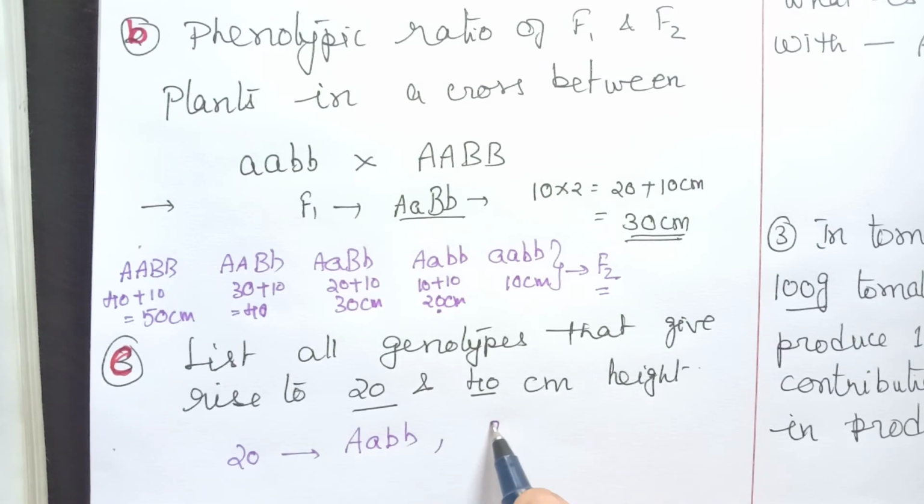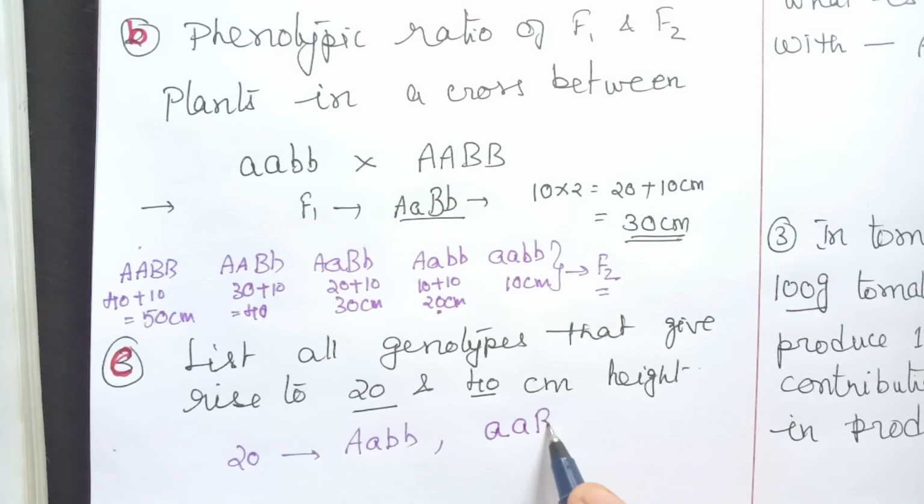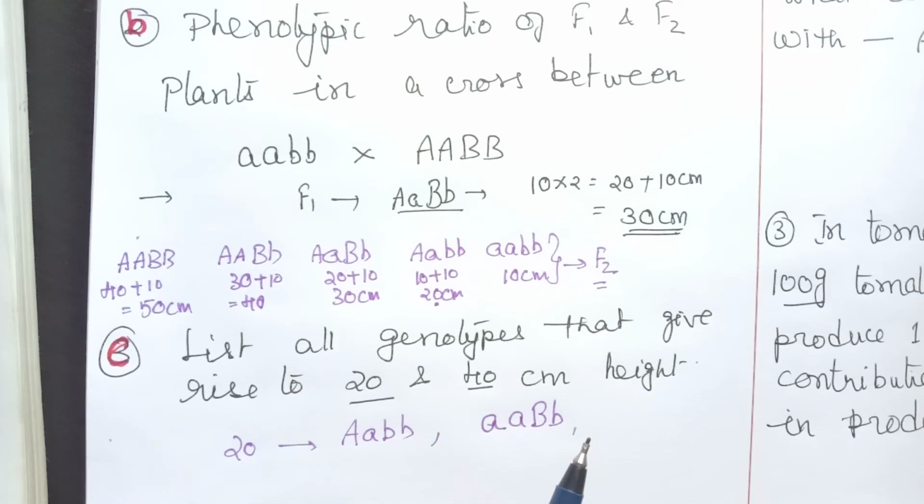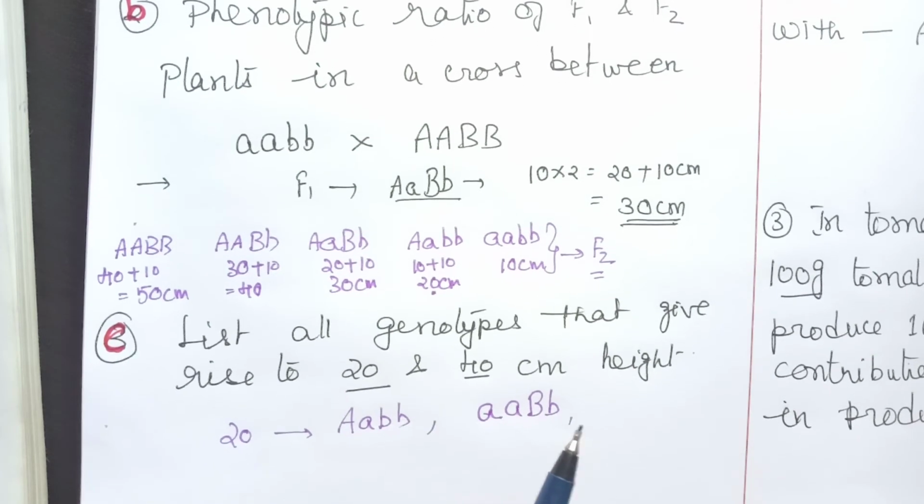Suppose we take small a and small a, we can take one capital B and small b. This also is with one dominant allele. So anything with one dominant allele, we can list it down. Now with 40, 40 means we have 3 dominant alleles.